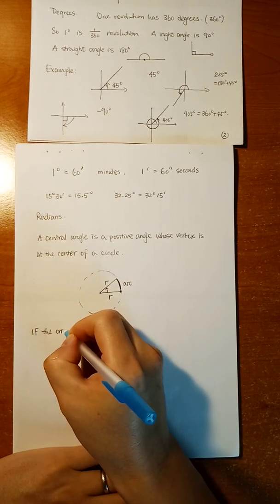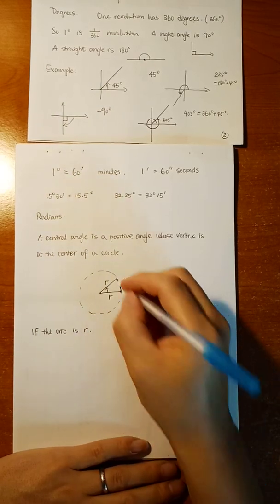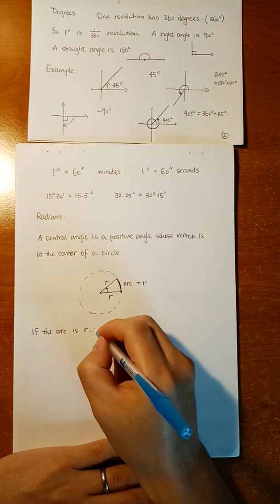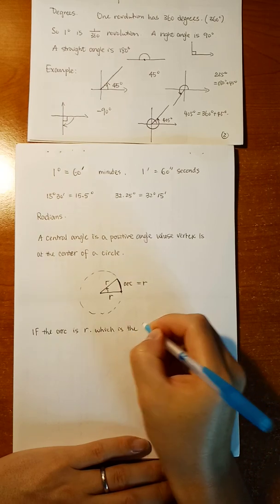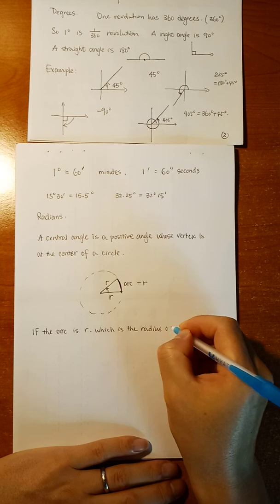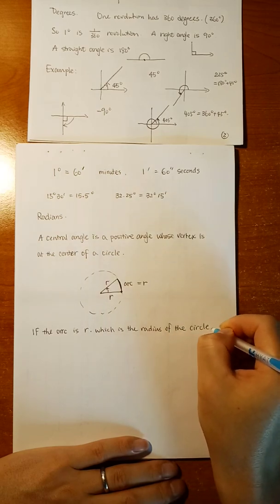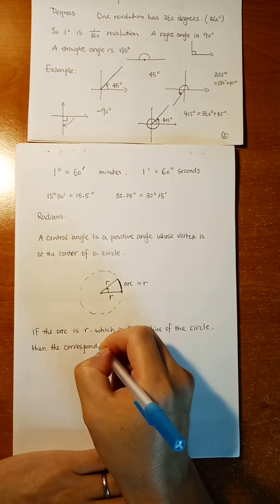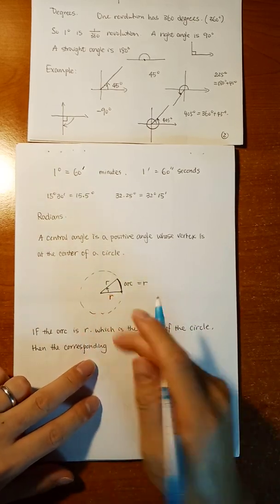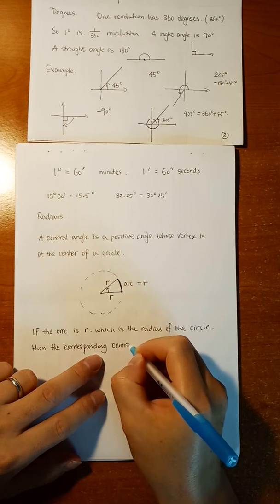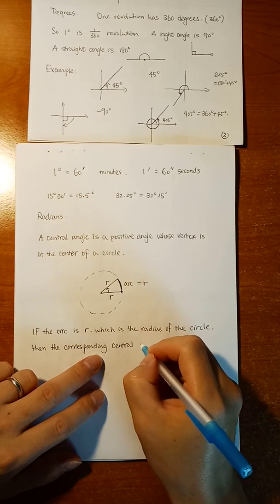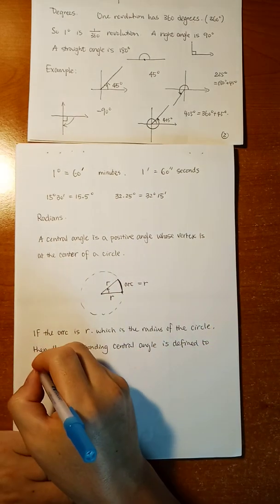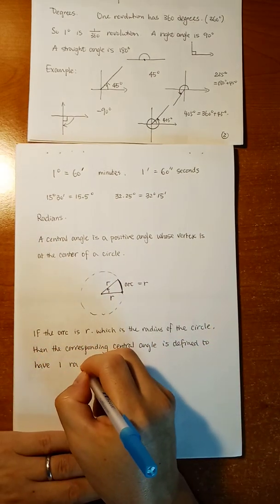If the arc is equal to r, which is the radius of the circle, then the corresponding central angle is defined to have one radian.